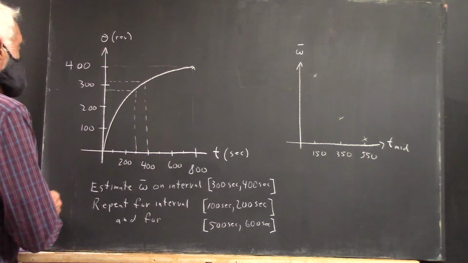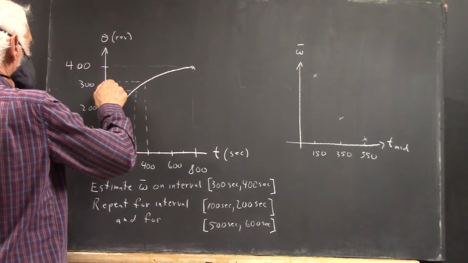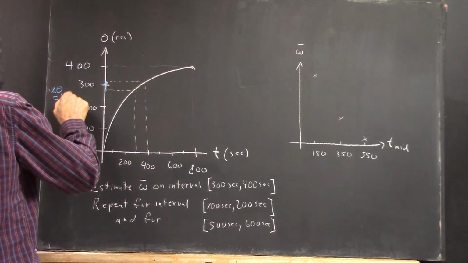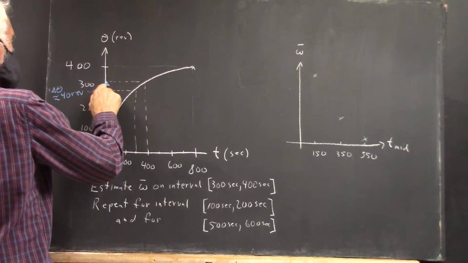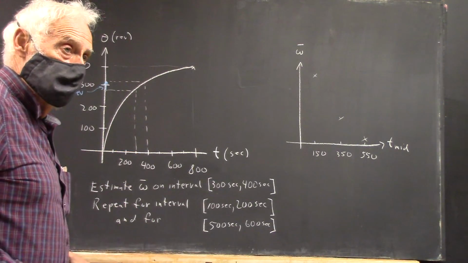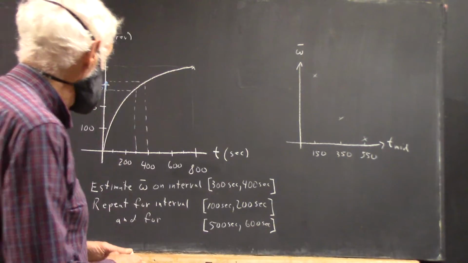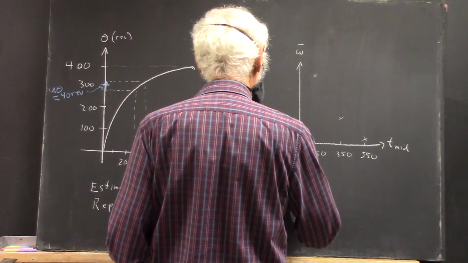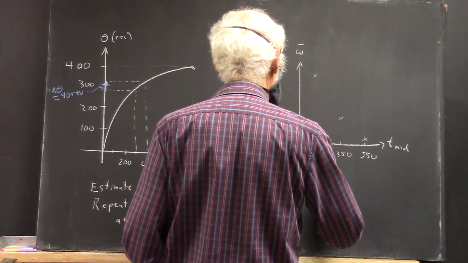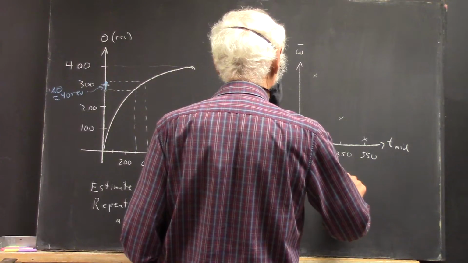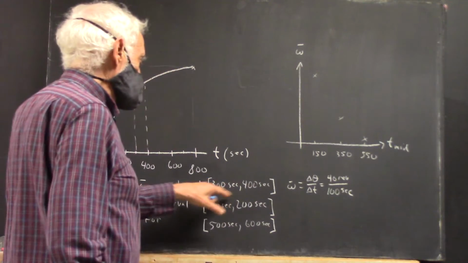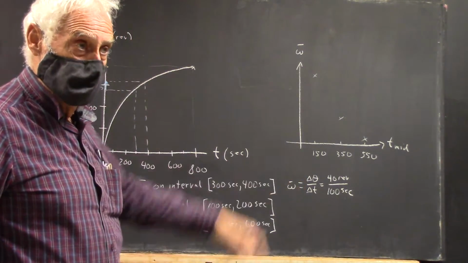So I'm estimating delta theta in revolutions. This thing went around 40 times between 300 seconds and 400 seconds. So that's obvious, this is a 100-second interval, so that's your delta t.